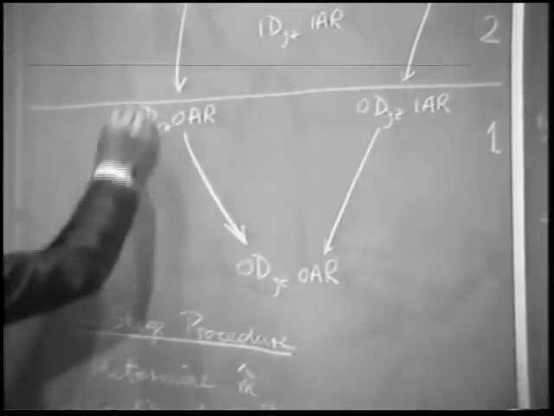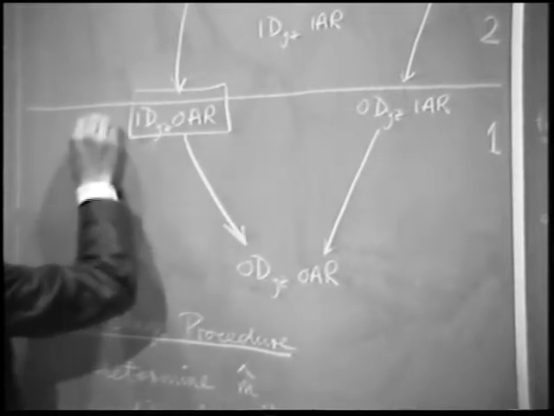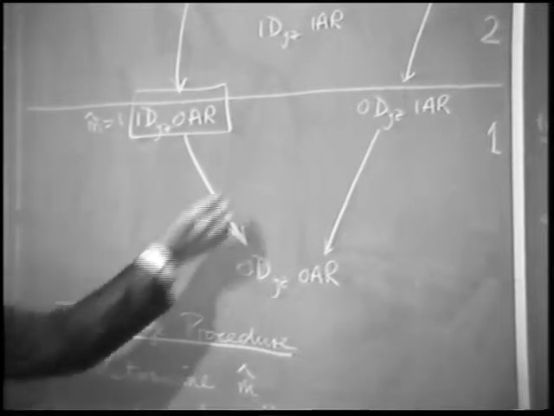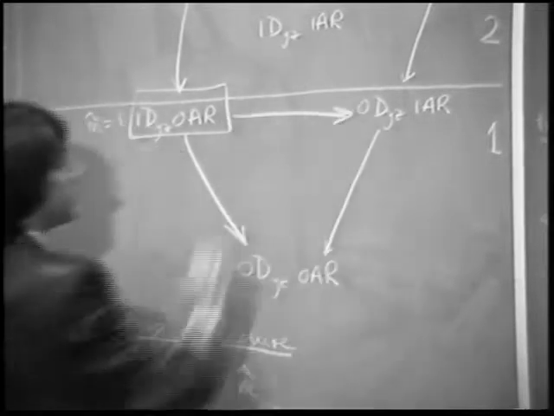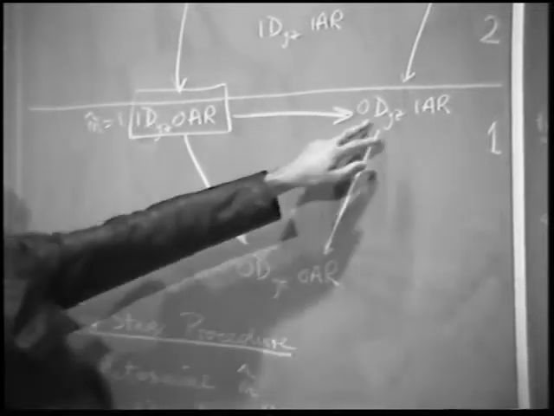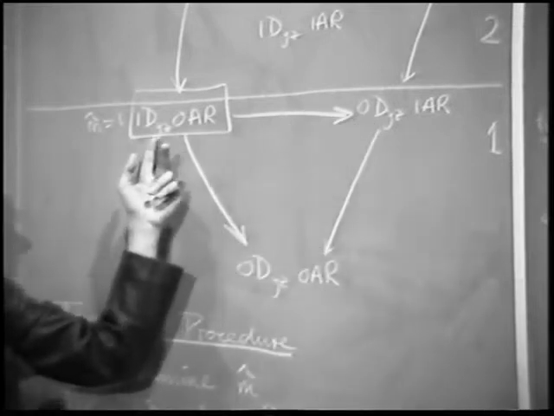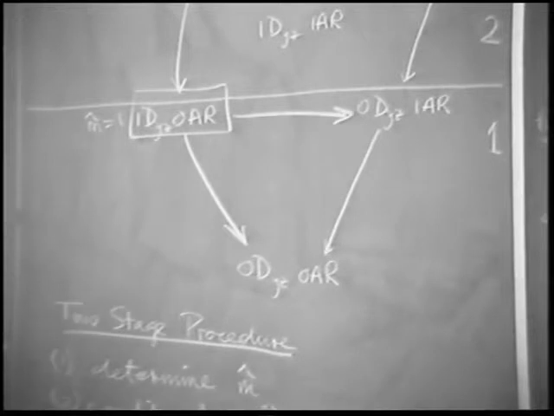So if we come to this model, because M hat was determined to be 1, we now move horizontally across and test the first-order autoregression model against this unrestricted, and choose one of those.